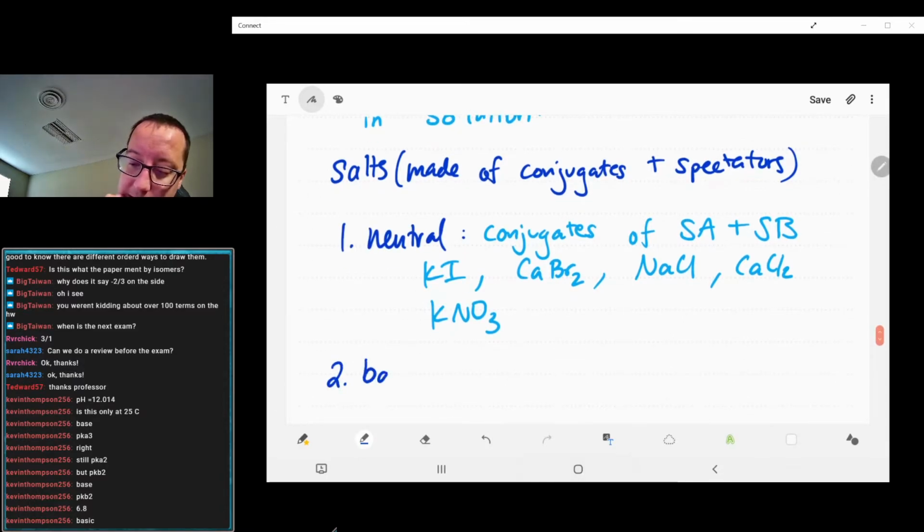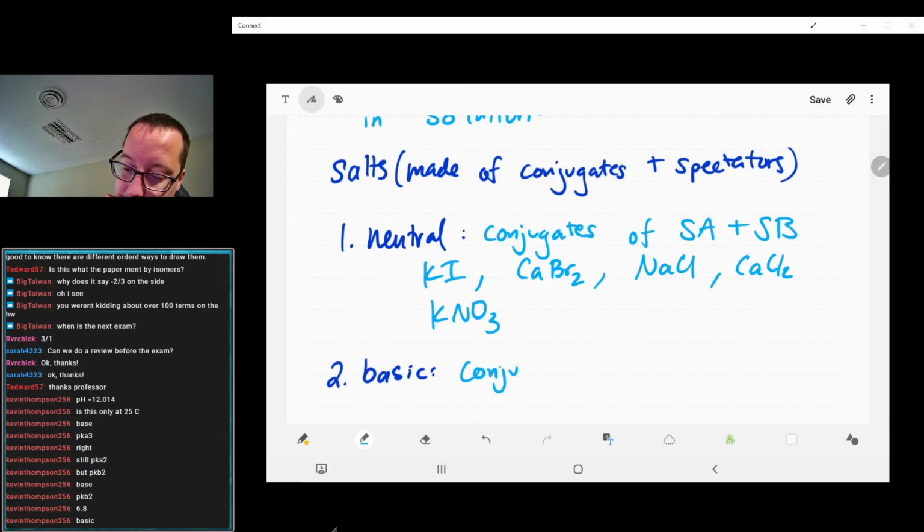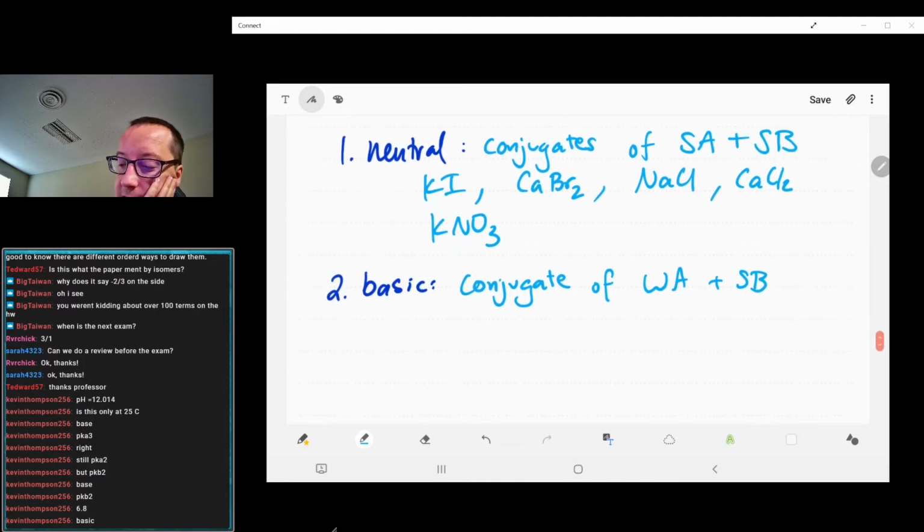Salts can be basic as well if it is a conjugate of a weak acid plus a strong base. So if it's the result of a reaction between a weak acid and a strong base, something like sodium acetate. Acetate would be the conjugate of the weak acid acetic acid.